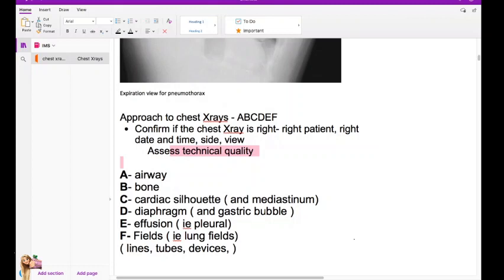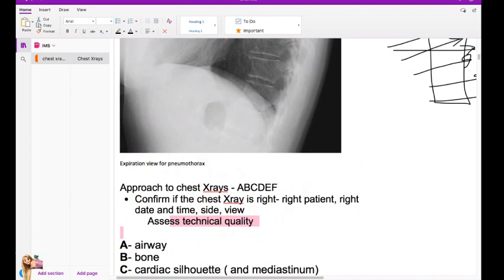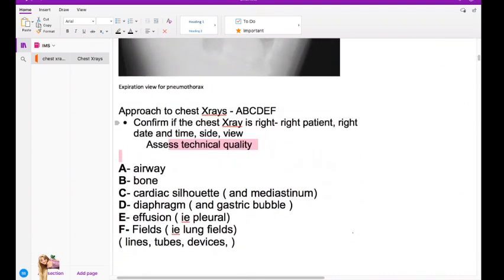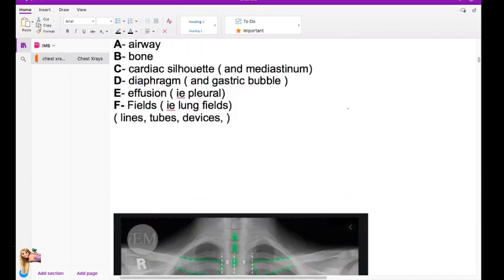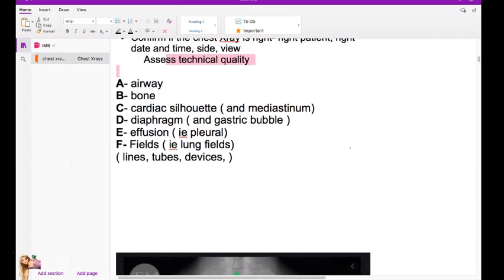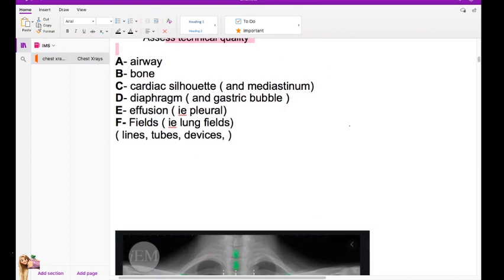C is the cardiac silhouette: we look at the cardiac shadow and the mediastinum. Then diaphragm: we look at the diaphragm and the gastric bubble. Then we look for any effusions, like pleural effusion, pericardial effusions. Then F for lung fields, the lung areas. And then we look for any lines, tubes, or devices visible through the X-ray, and we try to identify them.